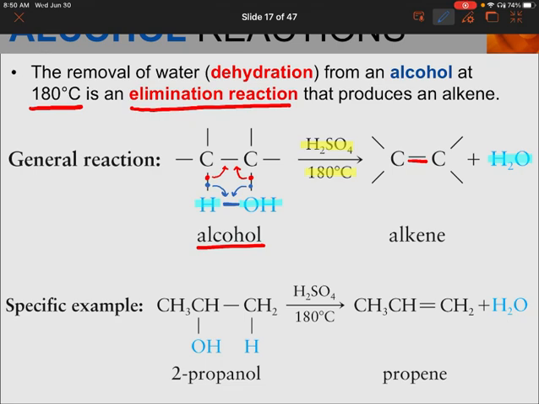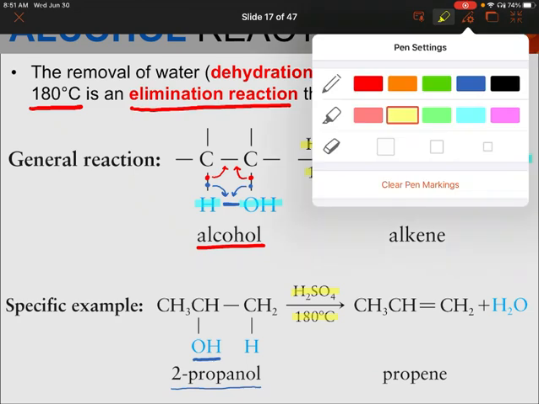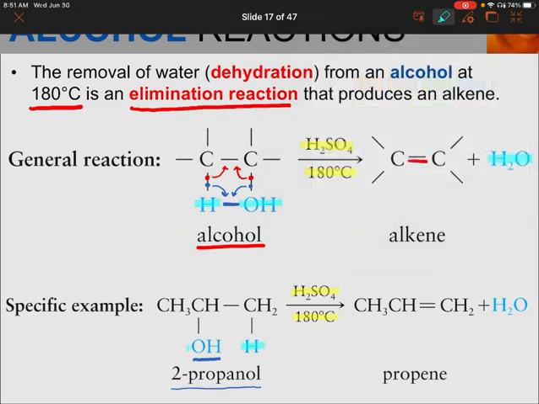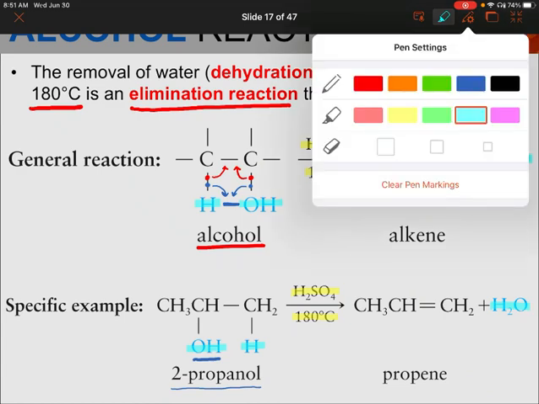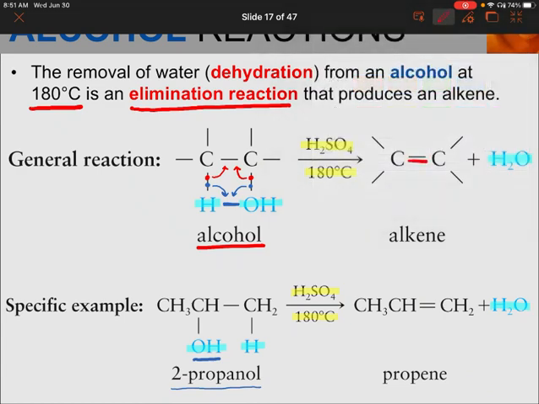Looking at a specific example, let's say we have the molecule 2-propanol. That means we have an OH group on the second carbon in the chain. Again, we're going to add sulfuric acid and heat the reaction to 180 degrees Celsius, and we're going to see a water molecule form, and we're also going to see our double bond form.